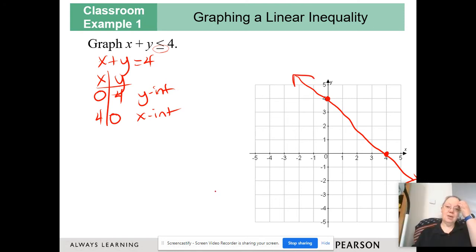The next thing we're going to do is find a test point. We usually use 0, 0 unless our boundary line goes through 0, 0, which this one does not. So we're going to take 0, 0 and plug it into the original inequality and see if it satisfies the inequality.